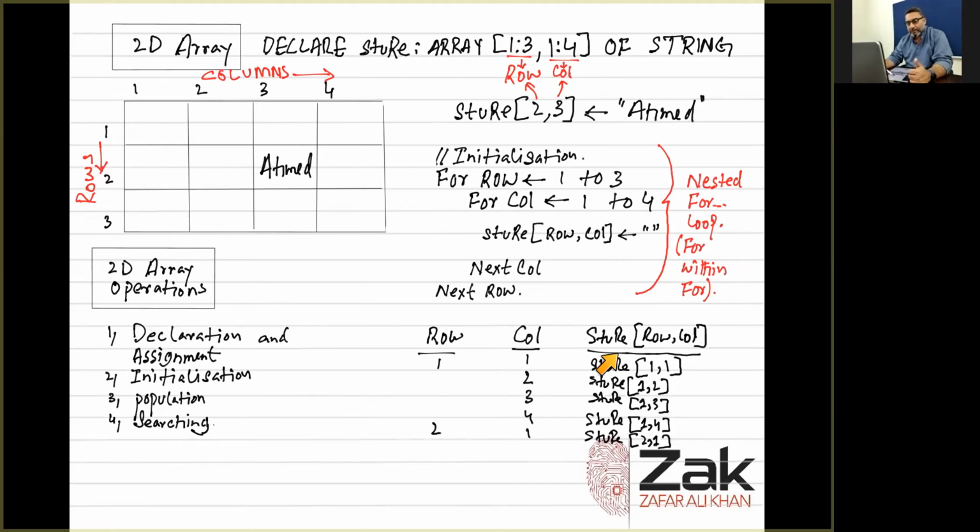So student record 1 comma 1 will be initialized, then student record 1 comma 2, then student record 1 comma 3, and student record 1 comma 4. And then it gets out, then row changes to number 2, and the whole thing goes on. So for every row, all columns will be initialized. That is how it works.